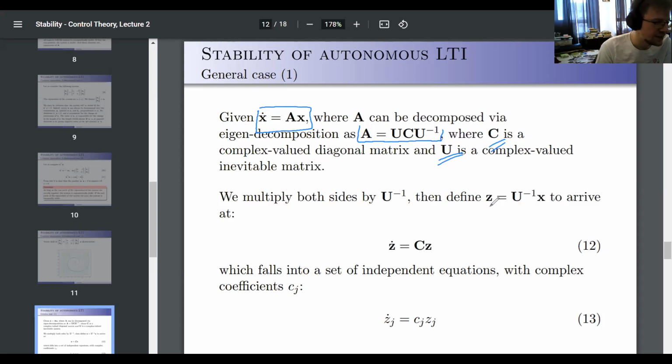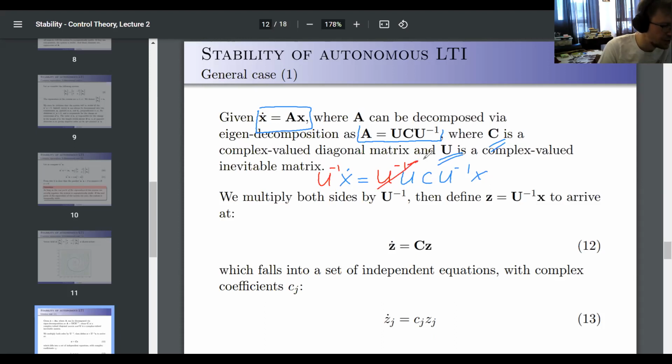Same as before, we multiply both sides of this equation by u to the power -1. Let me draw it in a different color so you would be able to see it better. We multiply it by u inverse.